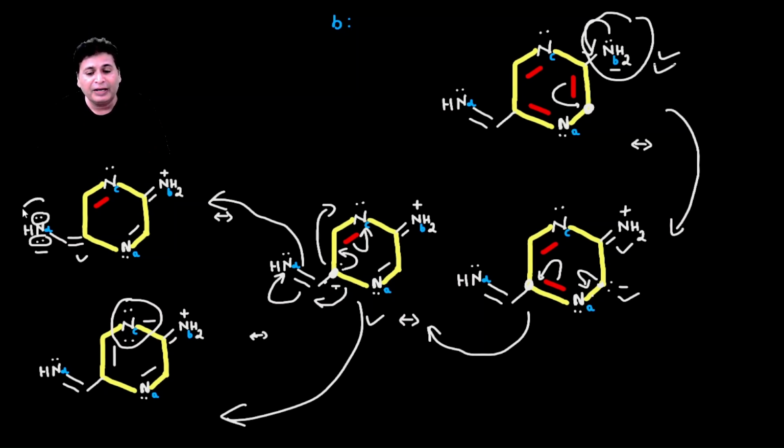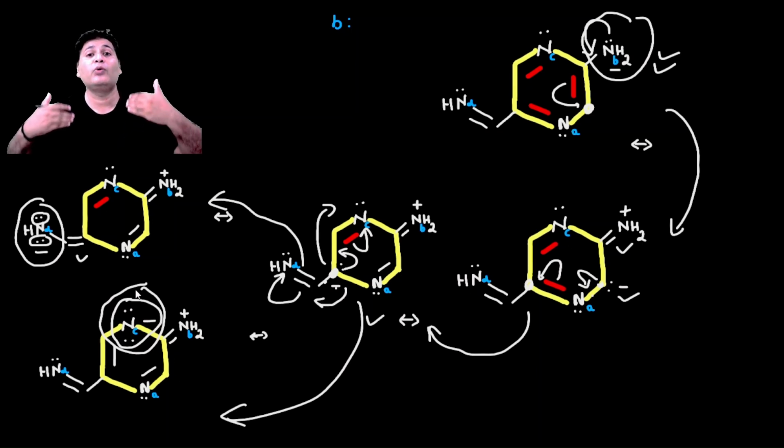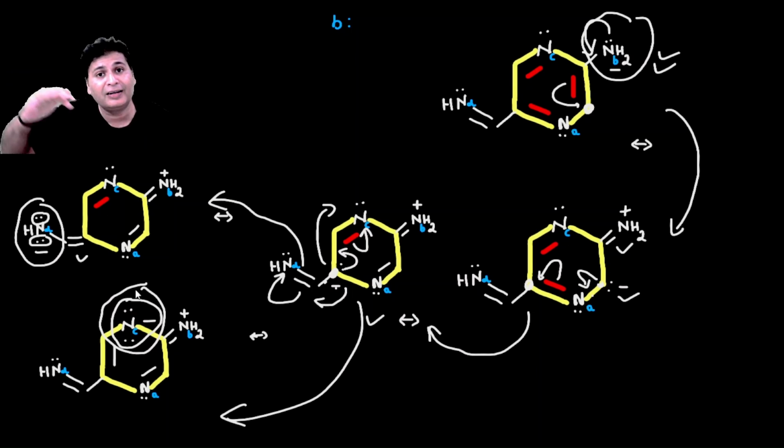You can see the nitrogen number D has acquired now two lone pairs because of this delocalization, and not just D, the nitrogen number C also got the two lone pairs because of this delocalization. So B is getting a demerit because of the delocalization. The basicity of B is decreasing, but because of B only, the basicity of D and C are increasing. Why? Because they are acquiring one more lone pair because of that resonance process.